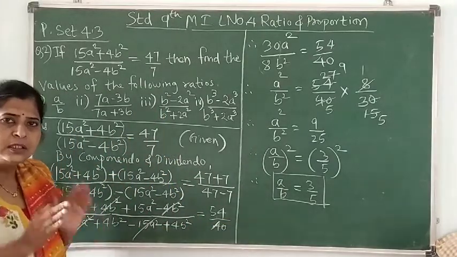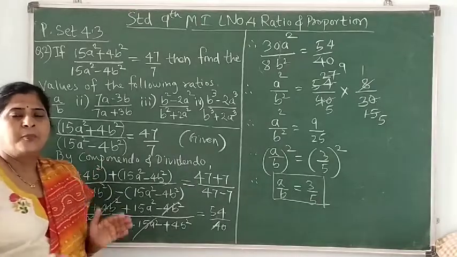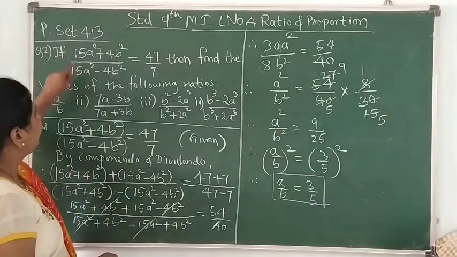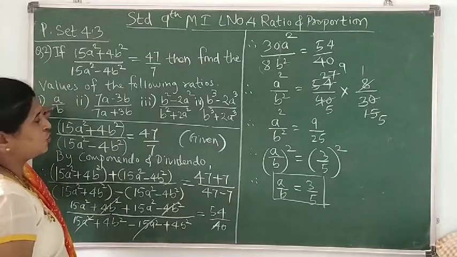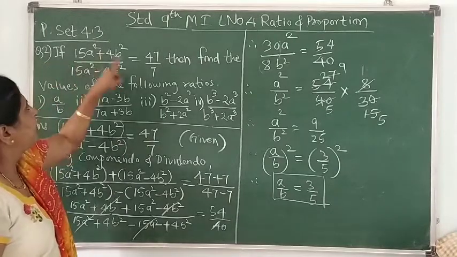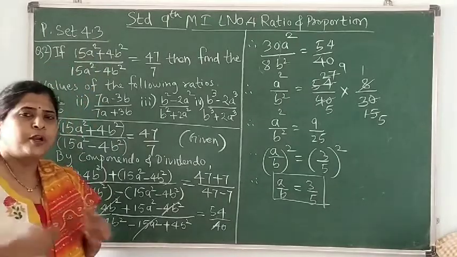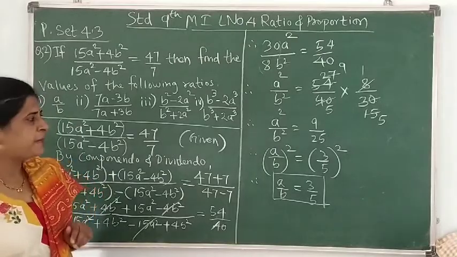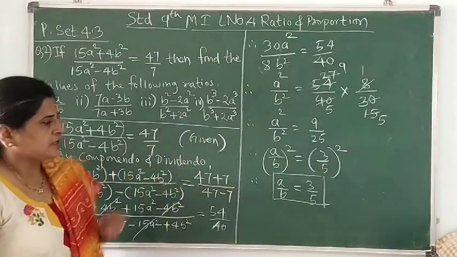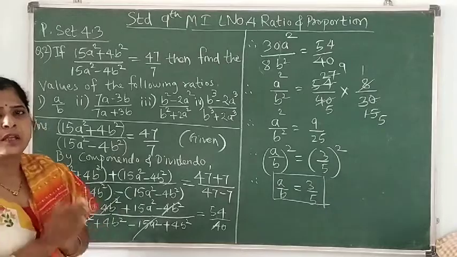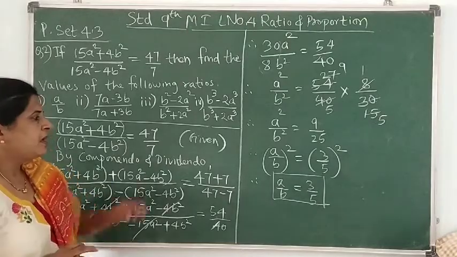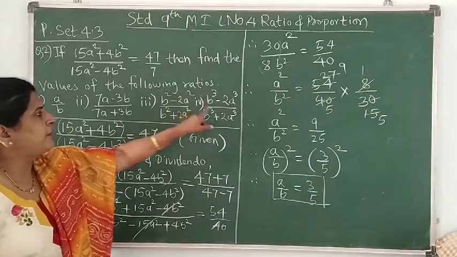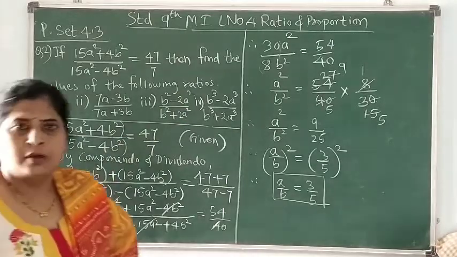So here in this question, basically we have learned how to find the value of a simple ratio from a complex one where componendo and dividendo is already done. So after getting this value of the simple or basic ratio of a upon b, now we can find the values of the remaining three ratios.